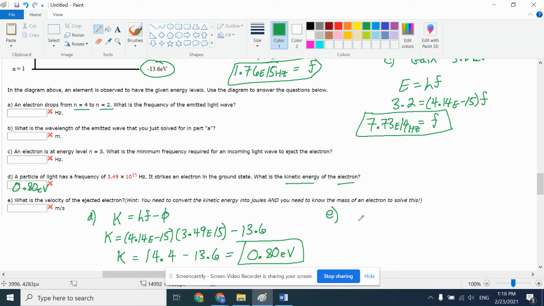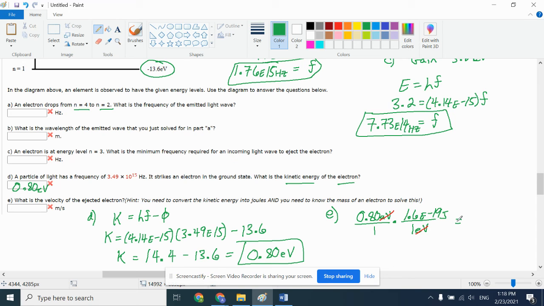Now, E is asking, hey, you know the kinetic energy of the electron, tell me how fast it's going. Number one thing where I think people struggled with this is you have to convert. We need to convert because the mass of the electron is in kilograms, which depends on joules. So we're going to run a conversion, which is on your table of information.